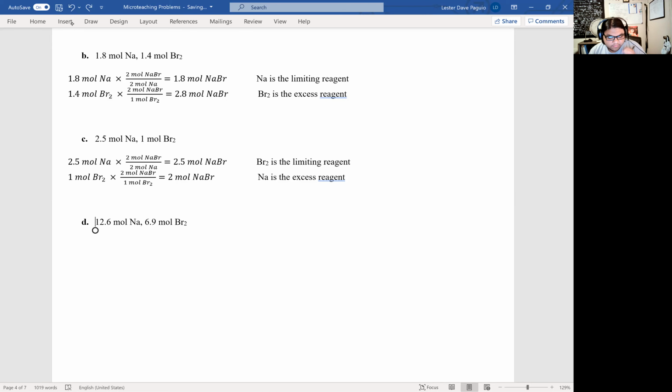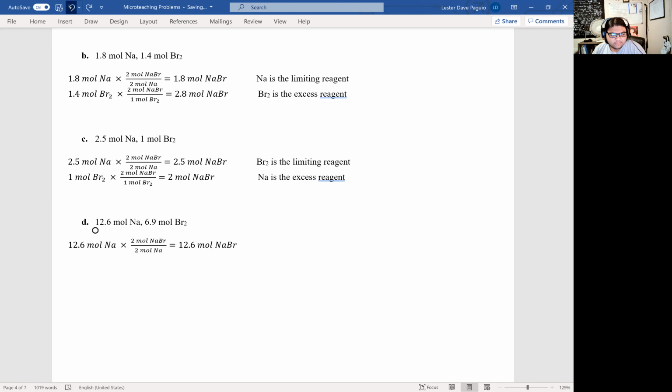And now the fourth problem gives us the initial amounts of 12.6 moles of sodium and 6.9 moles of bromine. So again, we would do 12.6 moles of sodium with the ratio, which results in 12.6 moles of sodium bromide.